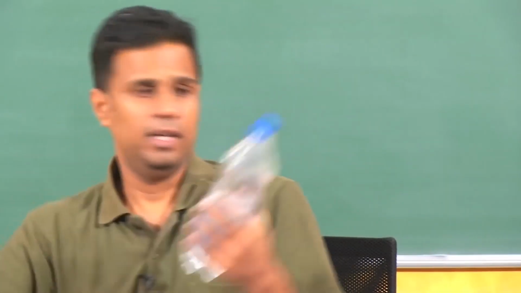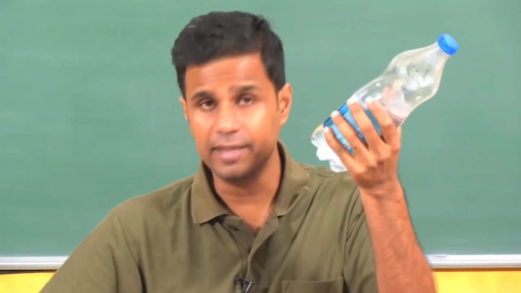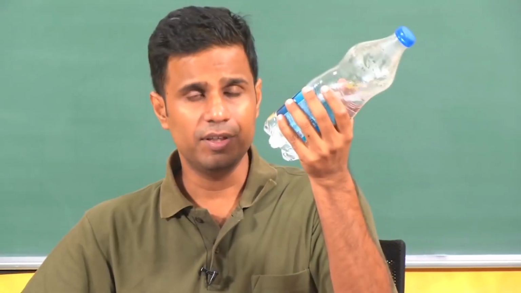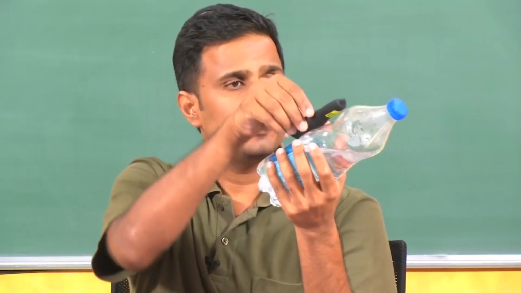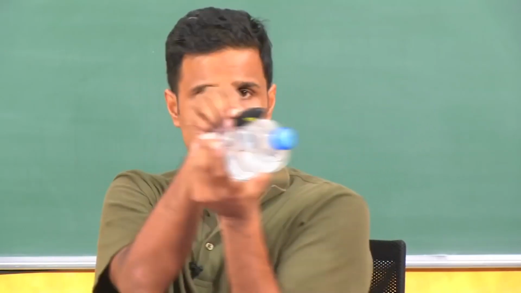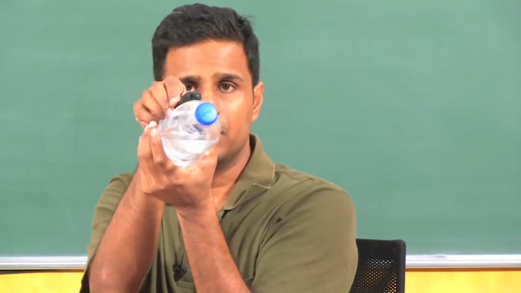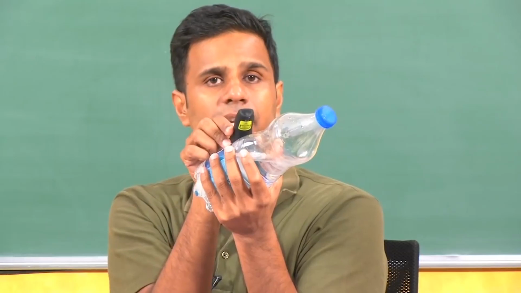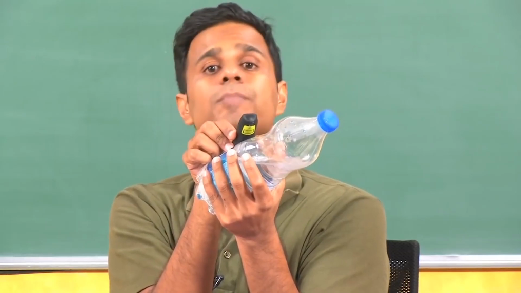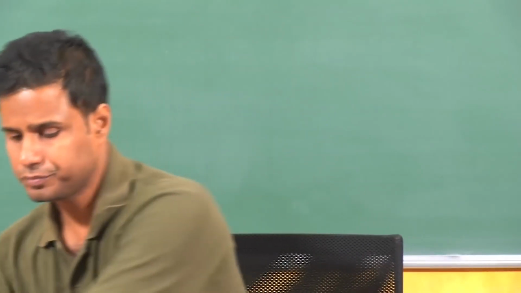So if this is an aircraft, very bad example, I agree. If this is an aircraft, let us say this is the IMU, okay. If I place it perfectly aligned with the axis of the aircraft, that is good, but because of various reasons I have placed it like this and the axes are completely misaligned, okay.